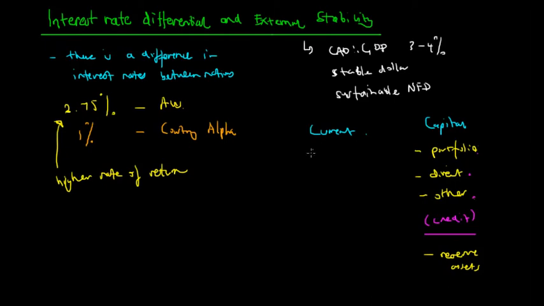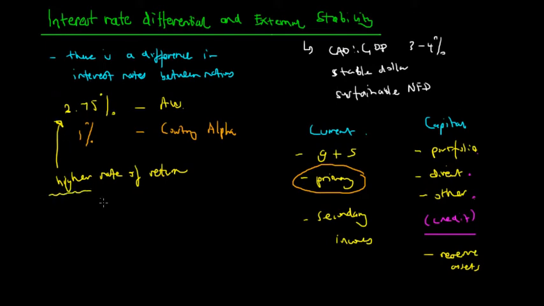In the current account, we know that there's a balance of goods and services, which we're just going to write as G plus S. There's primary, and there are secondary incomes. We're not going to worry about the transfers or the goods and services right now. We're just going to focus our attention on the primary income account inside the current account. We know that because investors expect this higher rate of return for their investments, they require income or interest payments back to them.